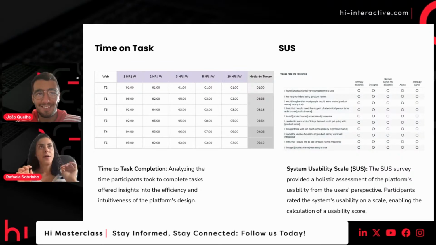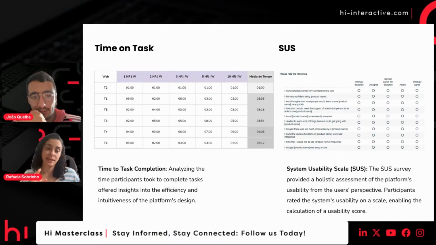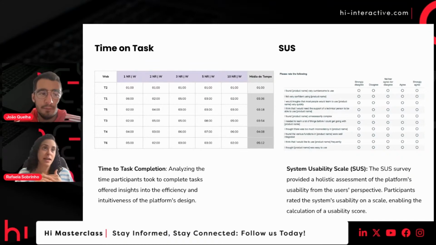Here we have a table with time on task, which is another very important metric. This metric is about the time the user needs to complete the task, and sometimes it's a lot, and we notice there are problems there. They need to stop many times, they are confused, they need to read and read again, so they spend a lot of time doing a task.